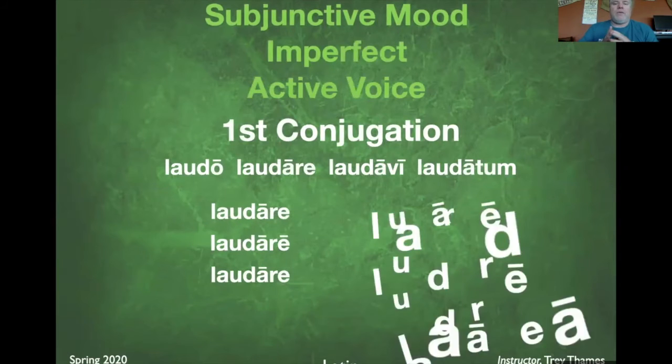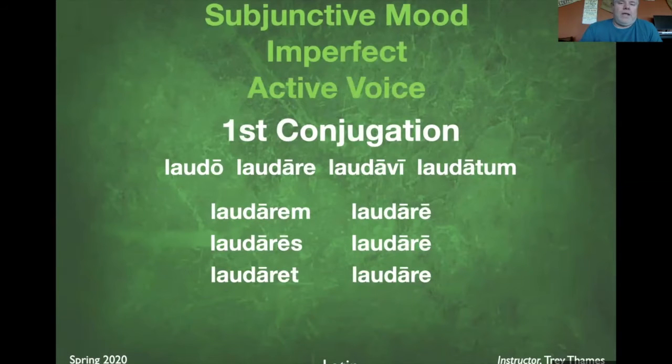So here's what we're going to do for the imperfect tense in the subjunctive mood. I'm going to do active and passive voice. And this is really the simplest subjunctive to form. I really love it. You simply take the second principal part, which is the infinitive, and you add your endings, m, s, t, mus, tis, nt. So it's laudarem, laudares, laudaret, laudaremus, laudaretis, laudarent.